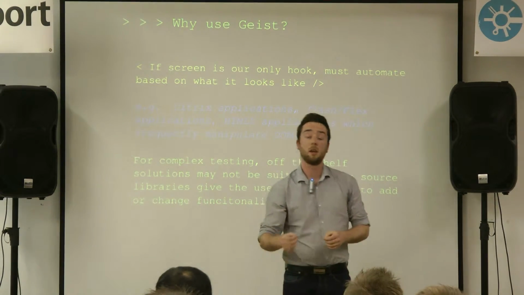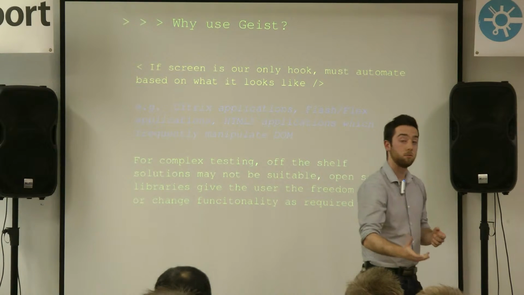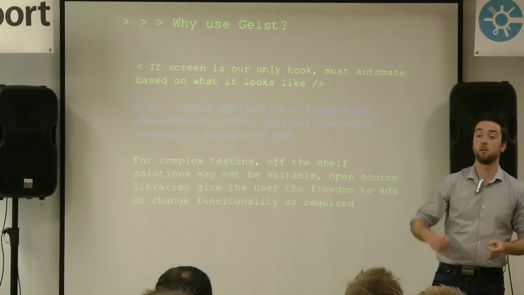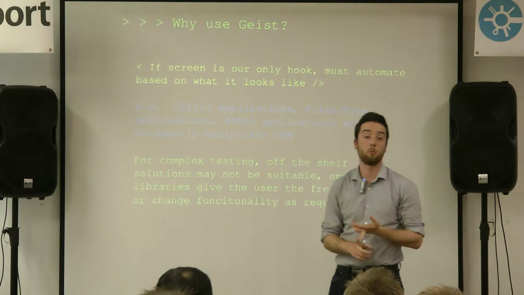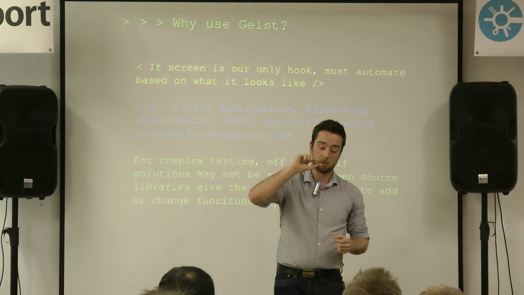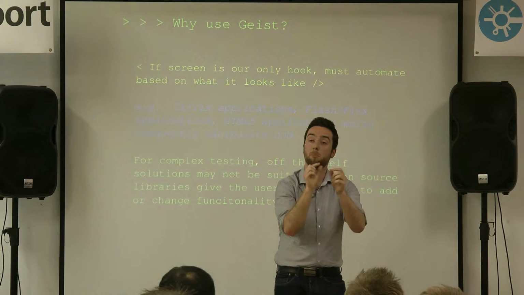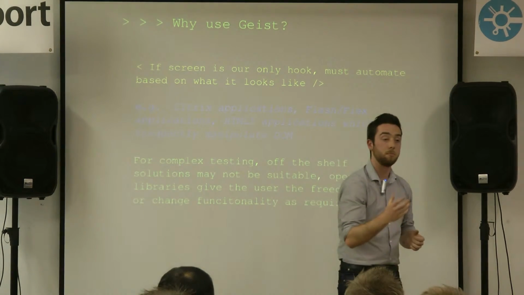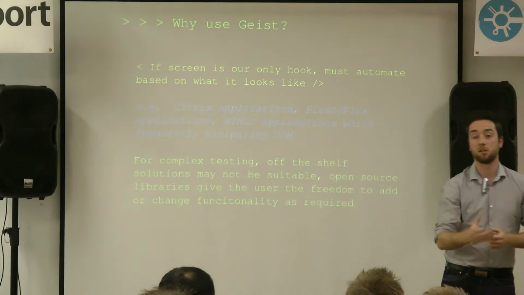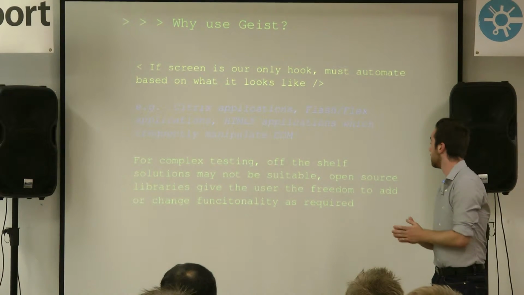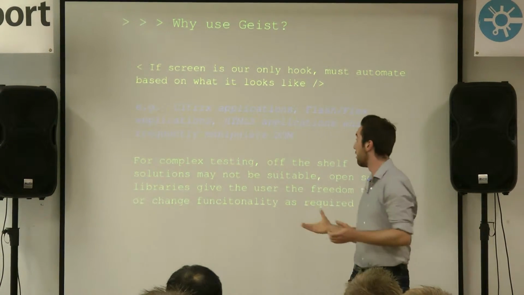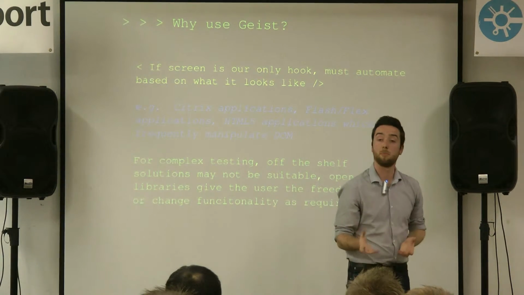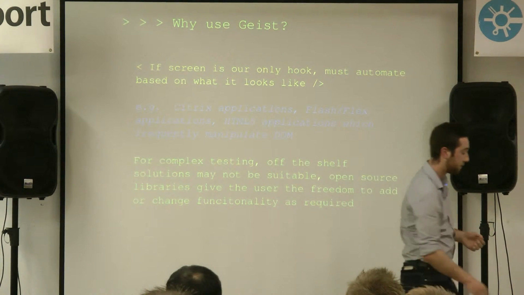If that image moves, if it changes, if you've got anti-aliasing, which is a really common problem in visual automation, that font is rendered slightly differently each time with different browsers, different operating systems. The minute differences between little pixels of color just around a letter can be a nightmare for these scripts because the image is completely different the next time you come along. So we found that it didn't give us the freedom using these off-the-shelf tools. So we ended up writing our own open source framework in Python called Geist.